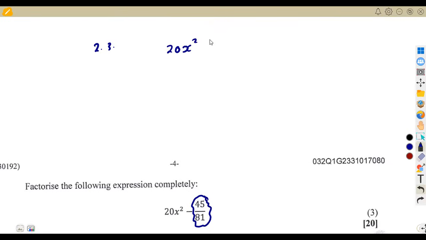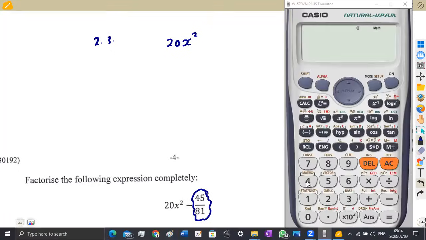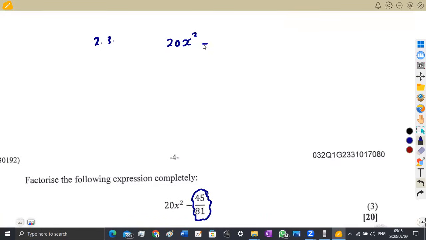If we simplify 45 over 81, that is going to give us 5 over 9, which means this one is not in its simplest form. So we simplify this to 5 over 9, and we remain with the minus 5 over 9.